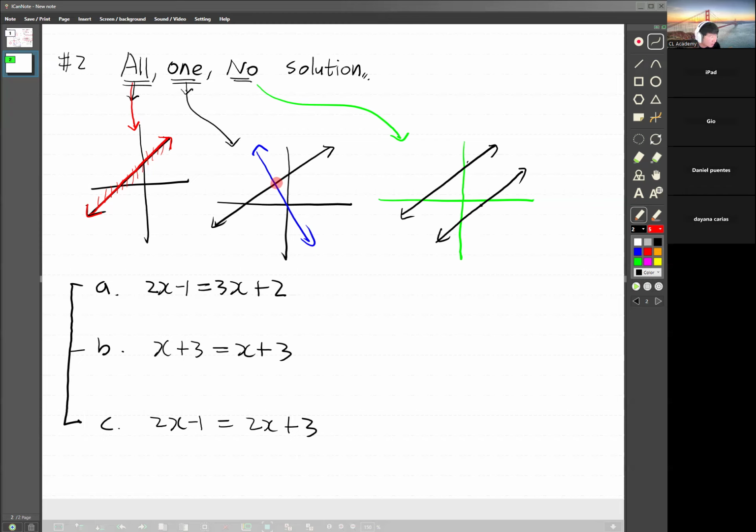Matthew, A is correct. A is correct, but B and C are not correct. If you have no idea, let me know.